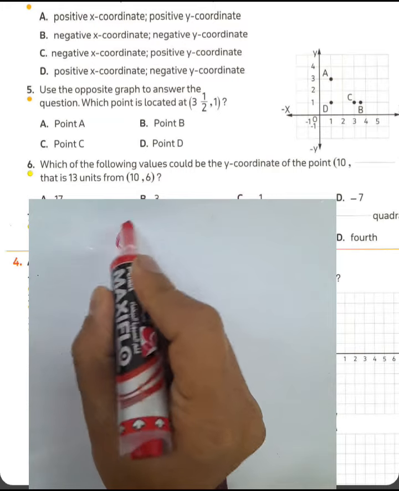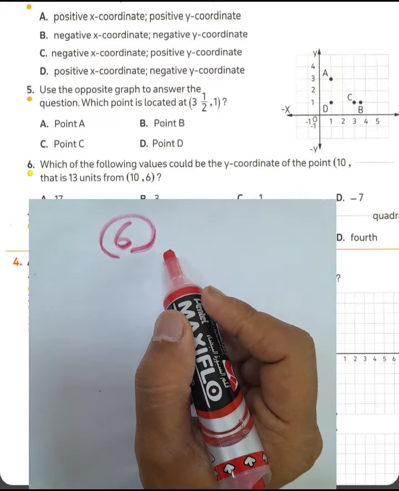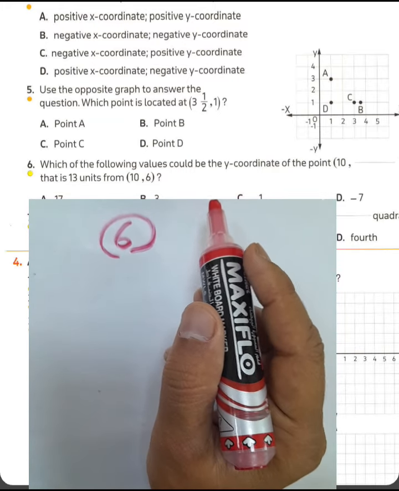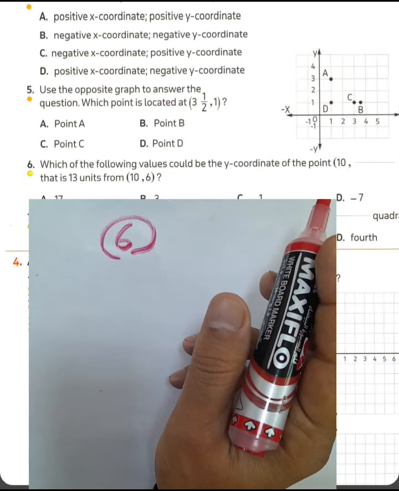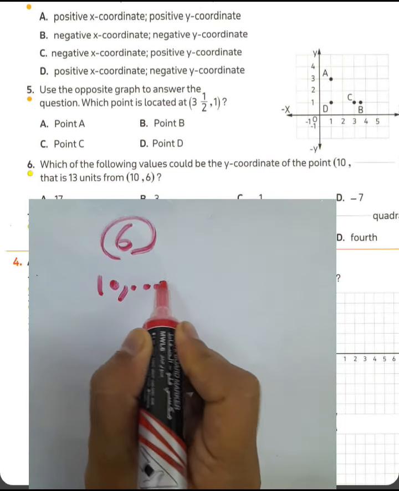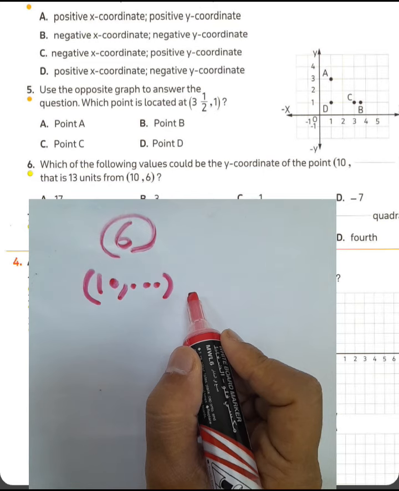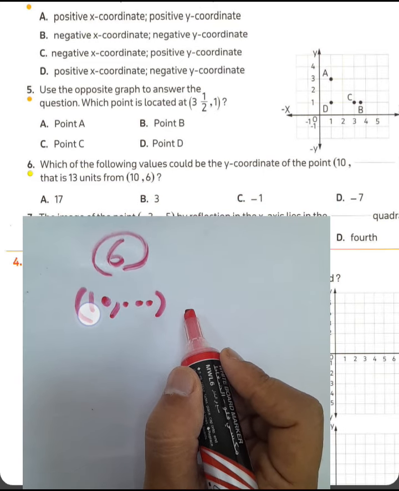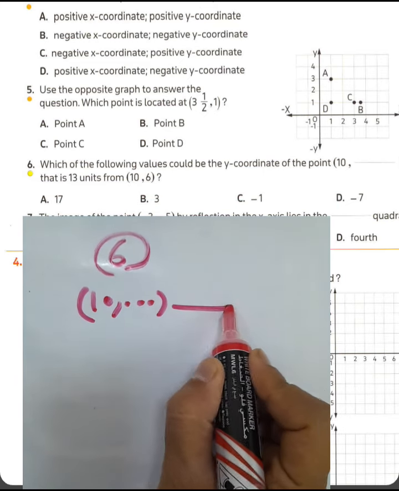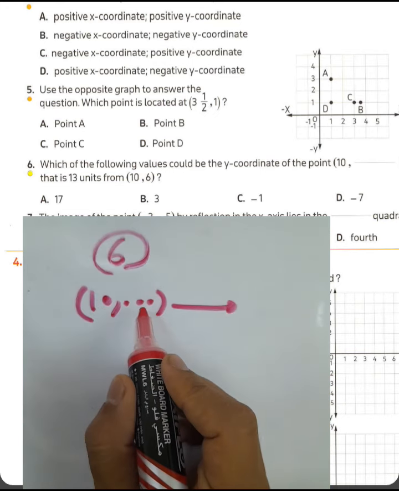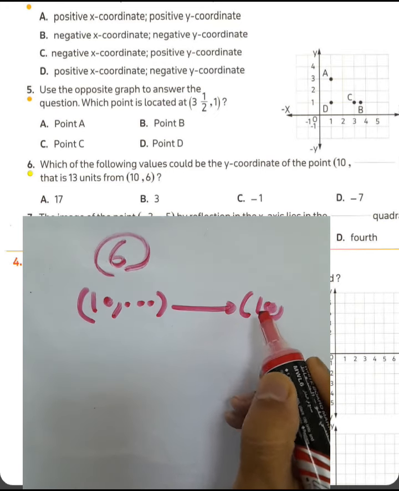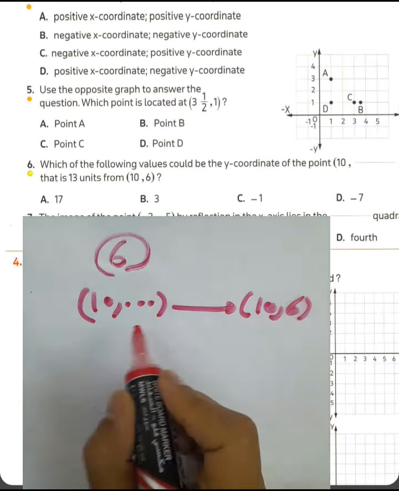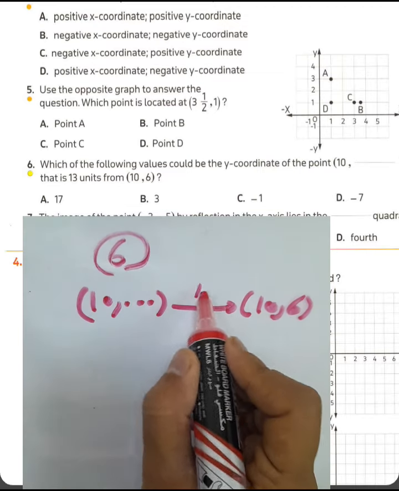Question number 6. Which of the following values could be the y coordinate of this point (10, space) that is 13 units from (10, 6)? We have the distance between two points, (10, space) and (10, 6), and he tells us the distance between them is 13.